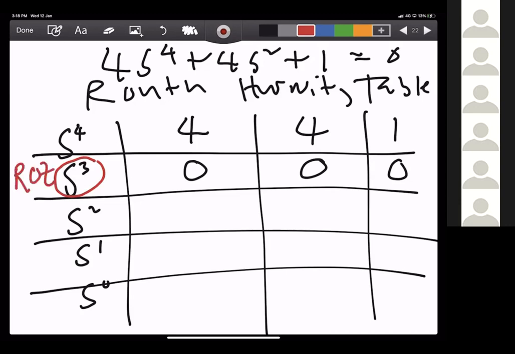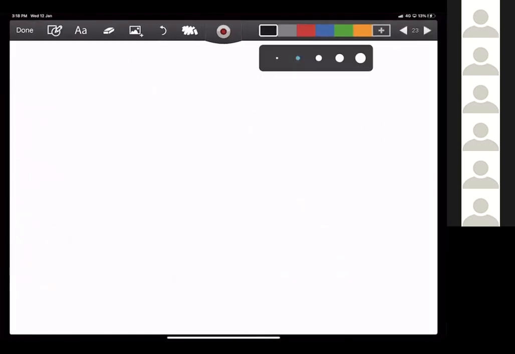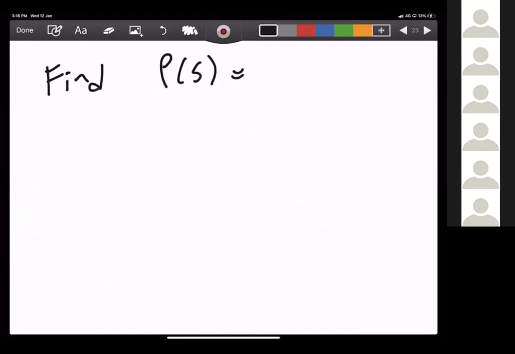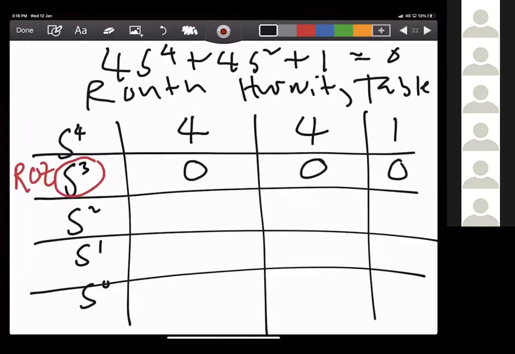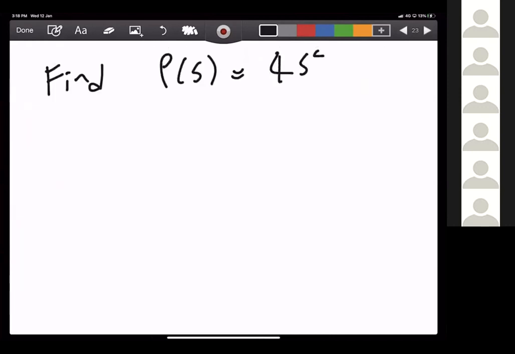So kalau row of zeros, what is the procedure? Herman? Find the auxiliary equation above the row of zeros, which is 4s^4 plus 4s^2 plus 1, kan?